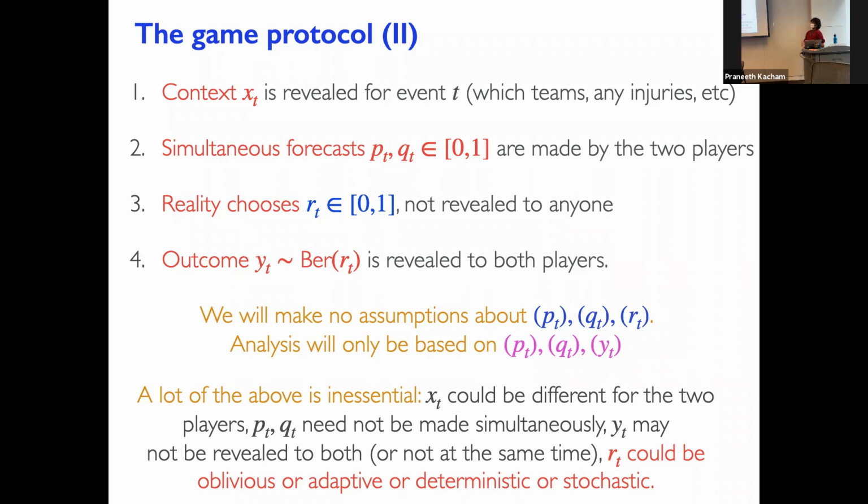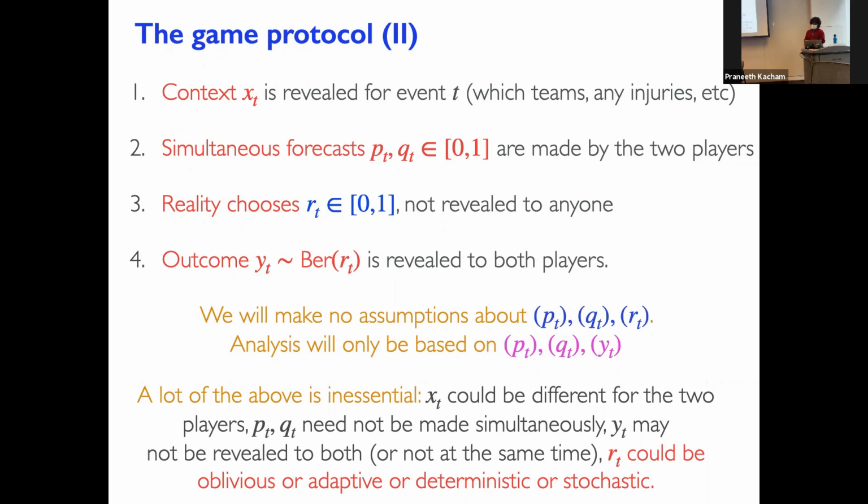For now, we have just introduced another player, and we'll see soon why we have introduced that player. Reality is this new player that we've introduced. Yes, it's another player, but we're not going to compare RT to PT and QT. RT is just a hypothetical God or nature or something like that. We're just making that a little bit more explicit. That's it.